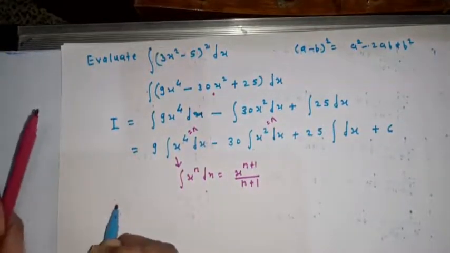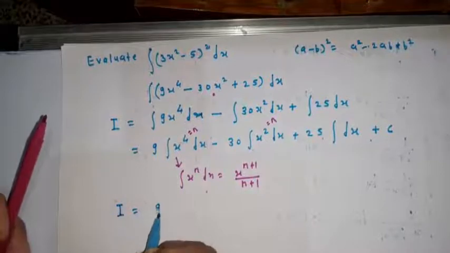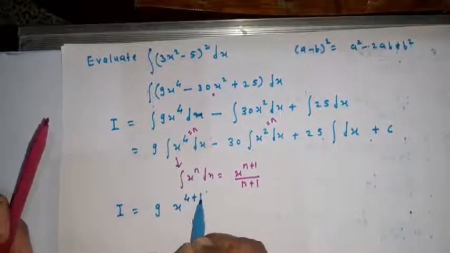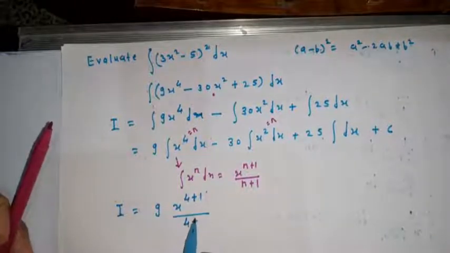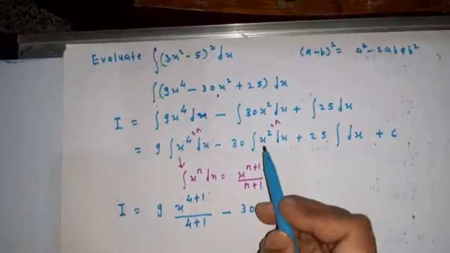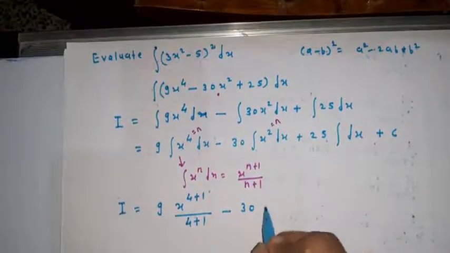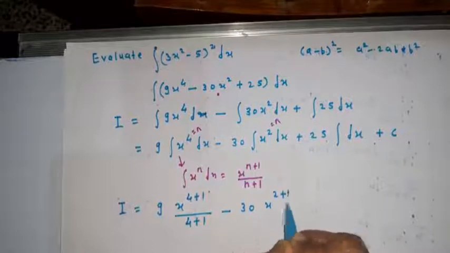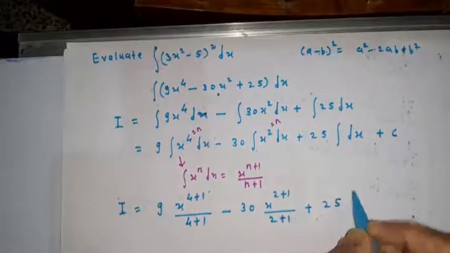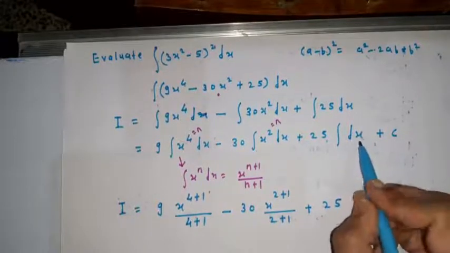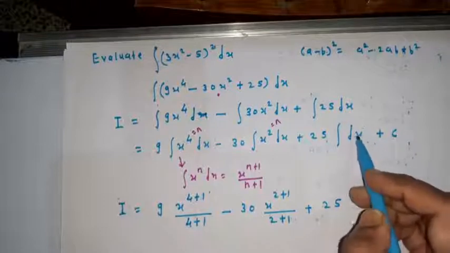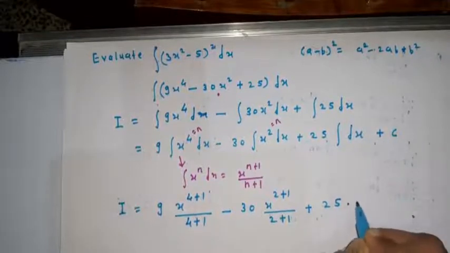So here the integration equals 9 as a constant, x raised to 4 plus 1 upon 4 plus 1, minus 30 as a constant, x square, n is 2, that is x raised to 2 plus 1 upon 2 plus 1, plus 25 as a constant. And students, integration of a constant number with respect to x is x.